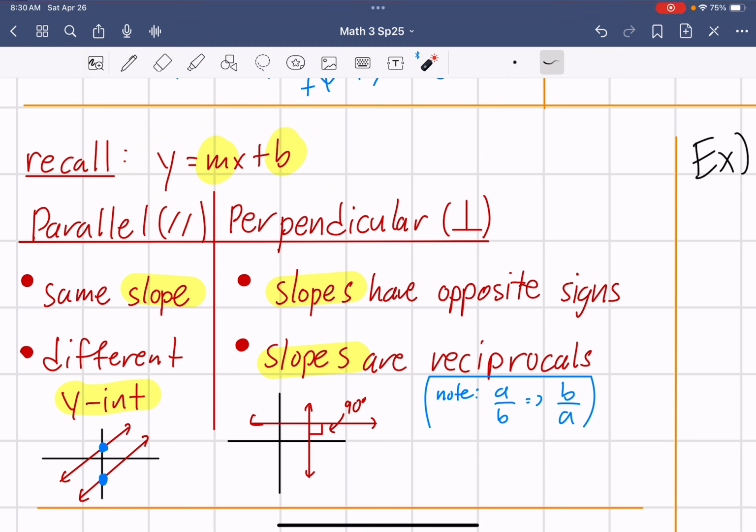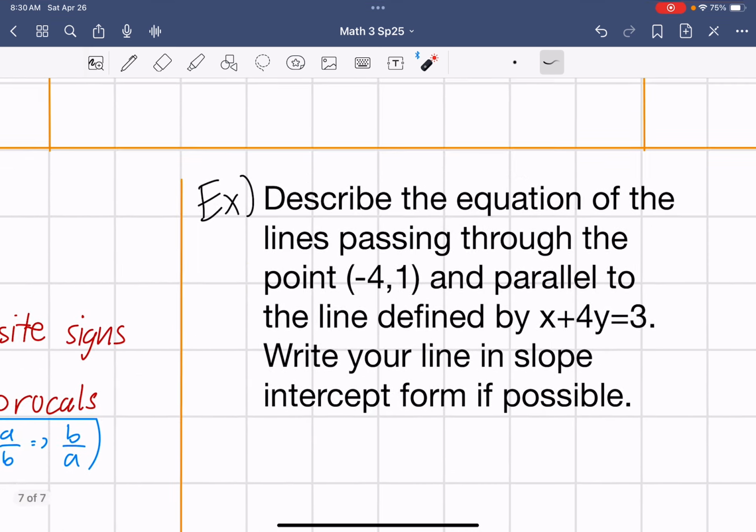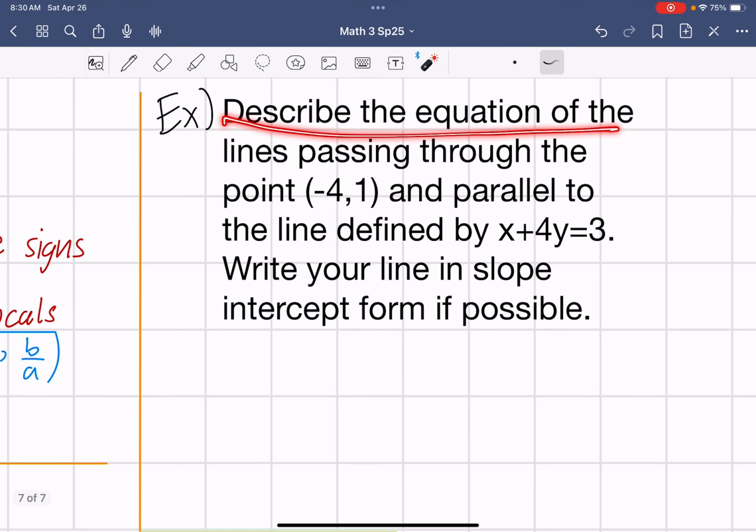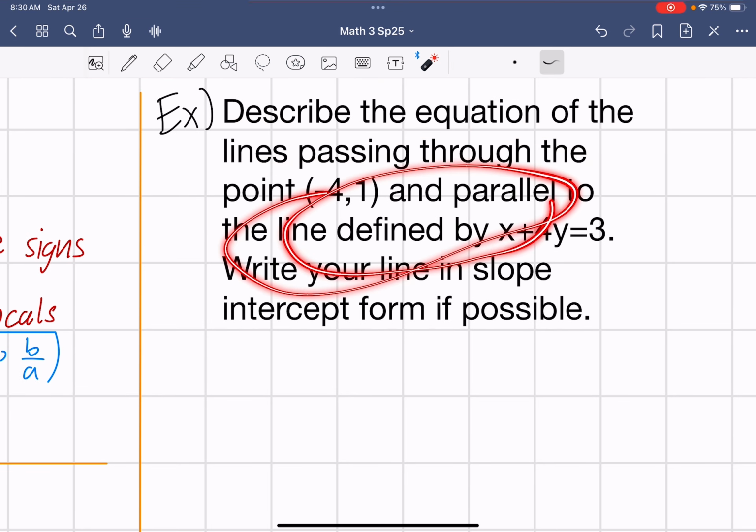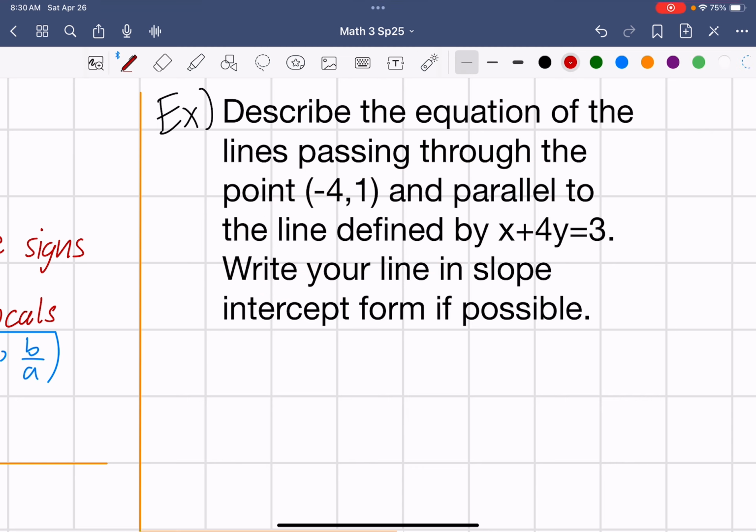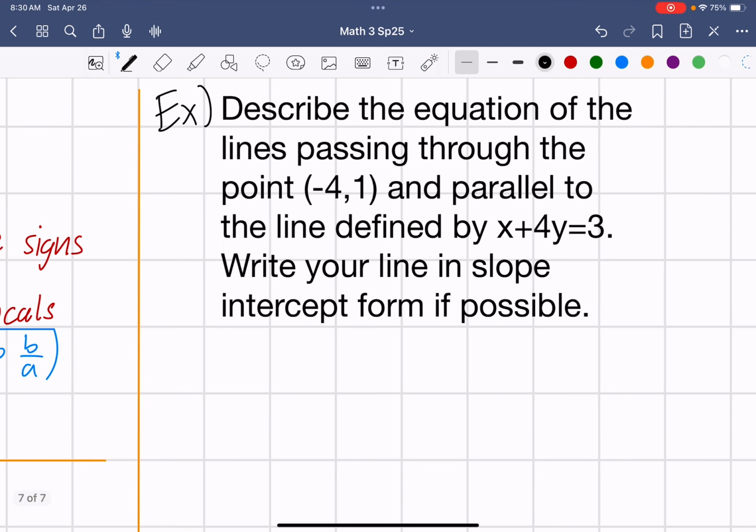Slope-intercept form is going to become super vital in these examples. But we're still writing or describing or finding a linear equation. Nothing here talks about horizontal or vertical. So that tells me I'm going to use my point-slope form again.